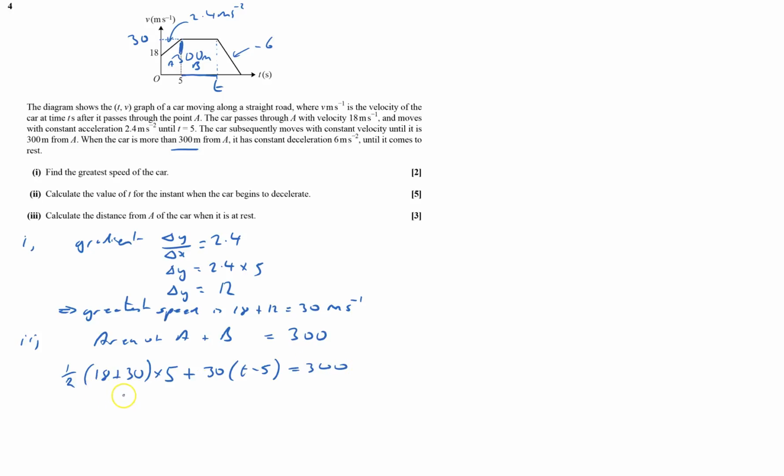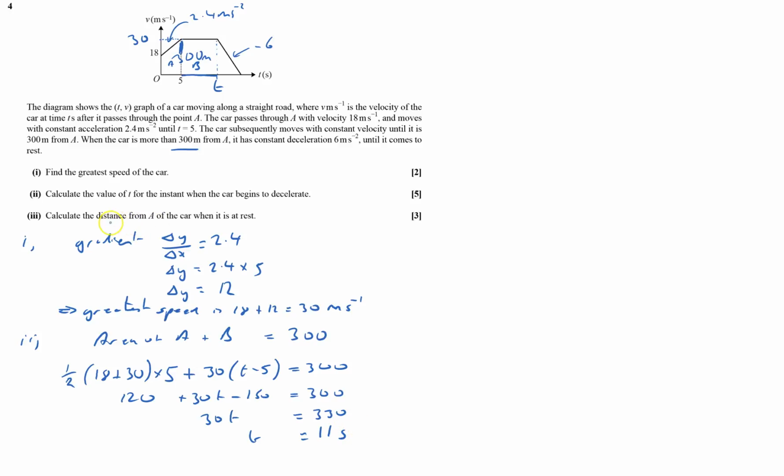Work out the first bit: 120 plus 30t minus 150 equals 300. So 30t, that's minus 30 on the side, equals 330. So t equals 11 seconds.